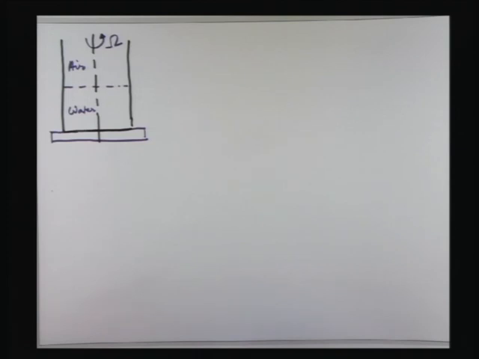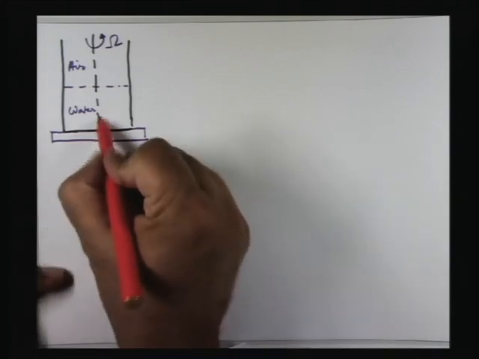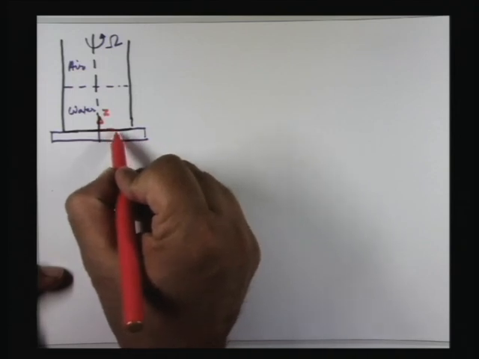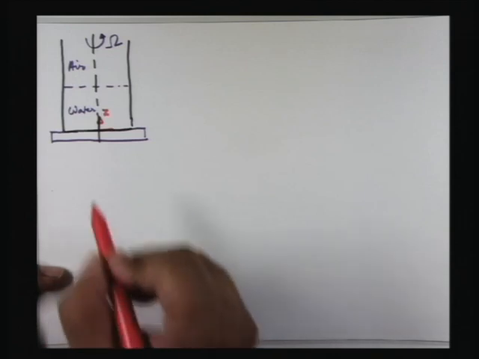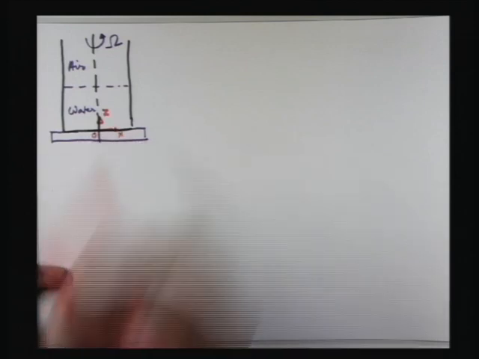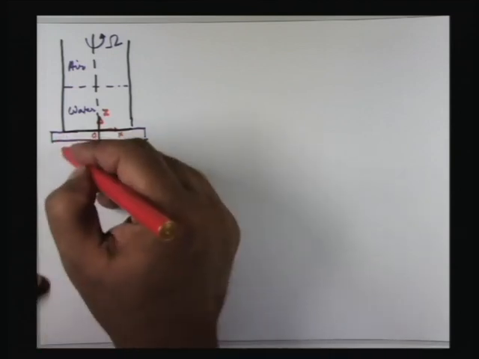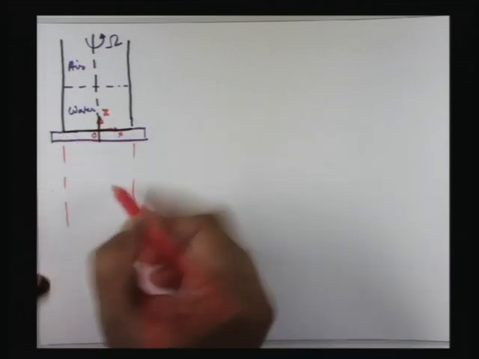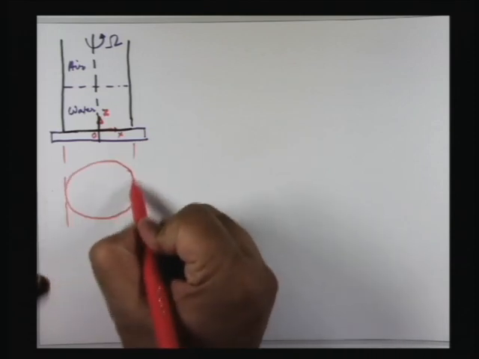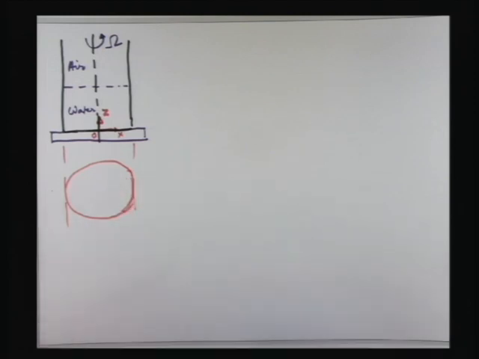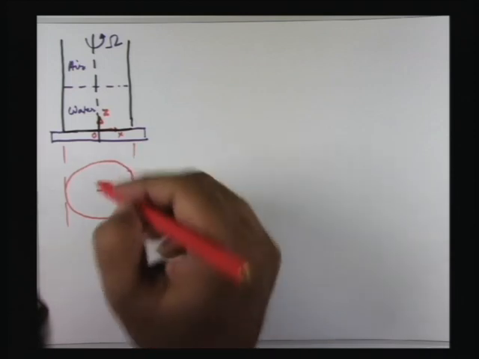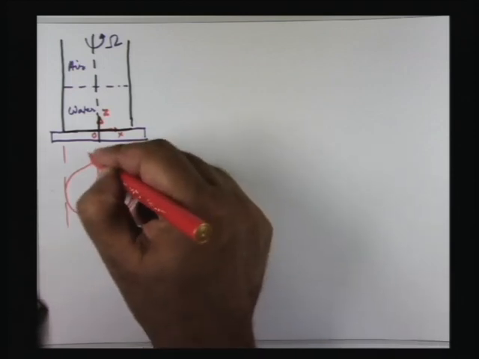Now if I take a coordinate system with z axis upwards, here you can take either a cylindrical or a Cartesian coordinate system. So we will put the origin here. Suppose I say this is x. Now I will show the other view. If you look from the top, you have a circular tank, and this is my x in the horizontal plane, and this is y.